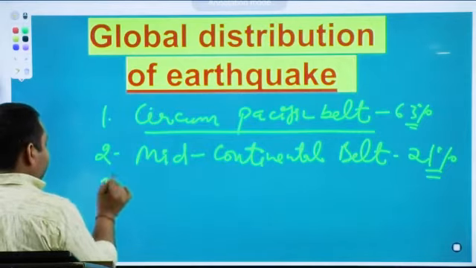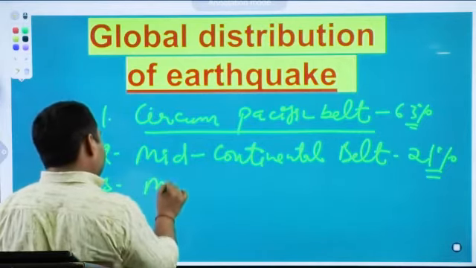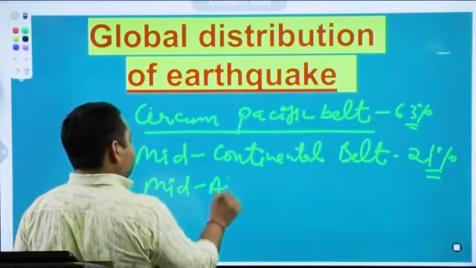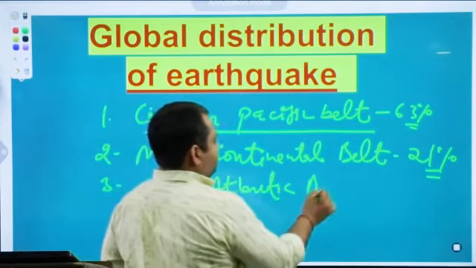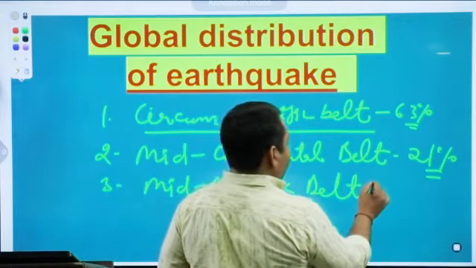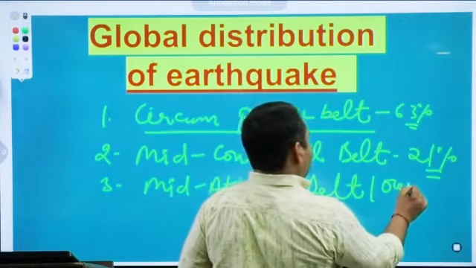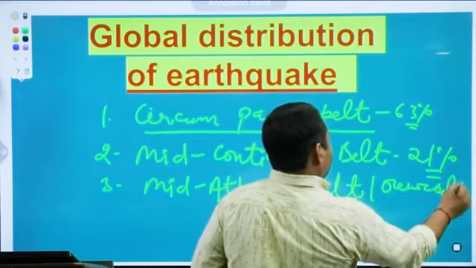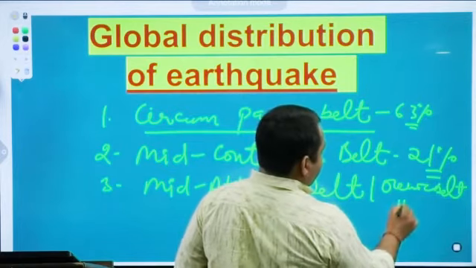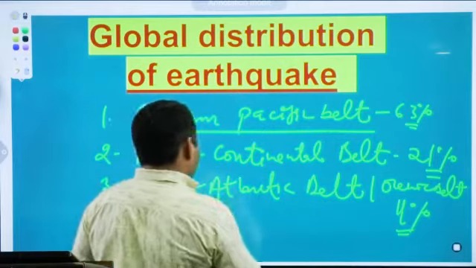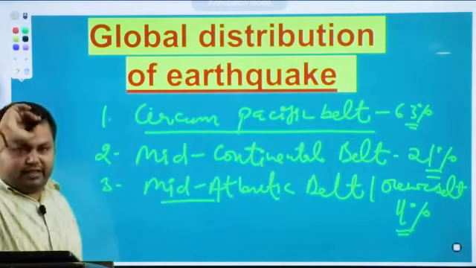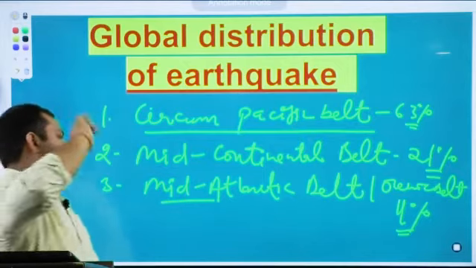Third is the mid-Atlantic belt or oceanic belt. It records around 11% of the global earthquakes. This is the zone of mid-oceanic ridges.